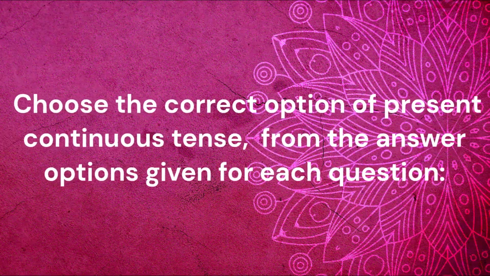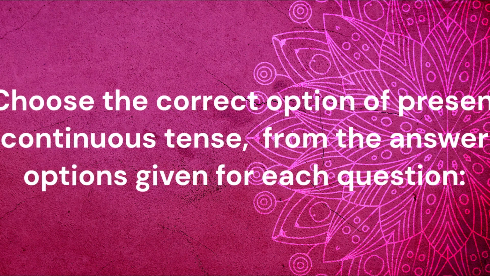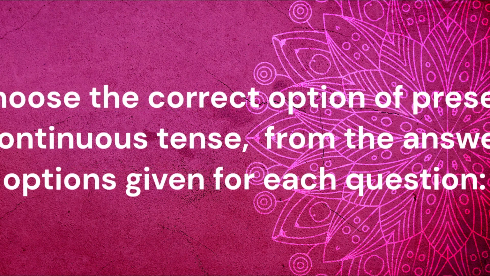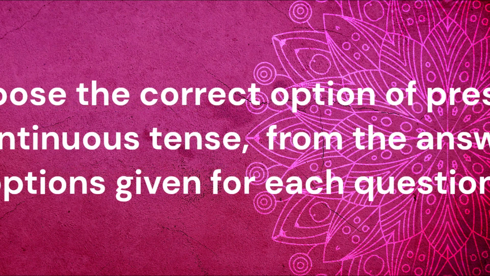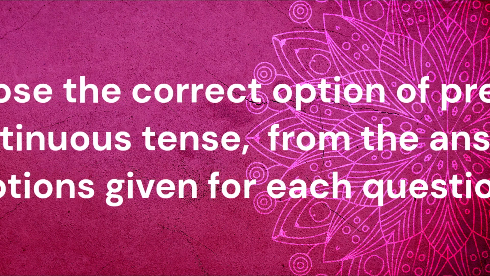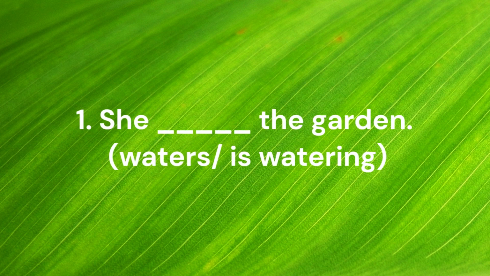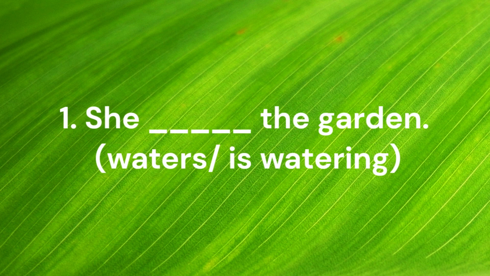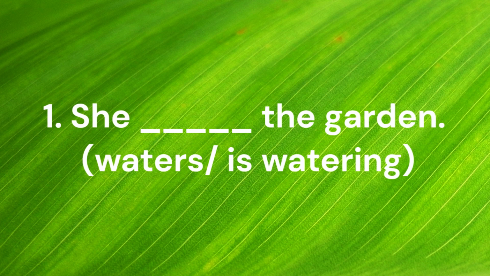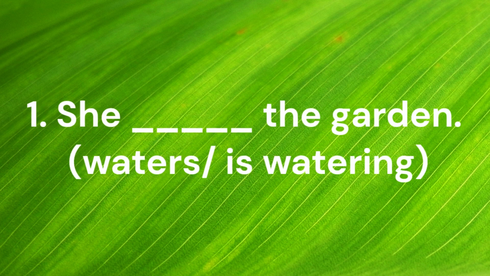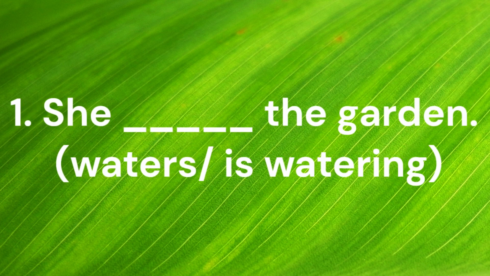In the second set of questions, choose the correct option of present continuous tense from the answer options given for each question. The first question is, she dash the garden. The answer options are waters and is watering.